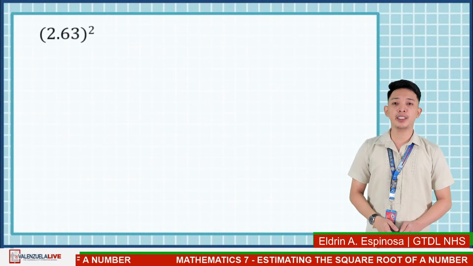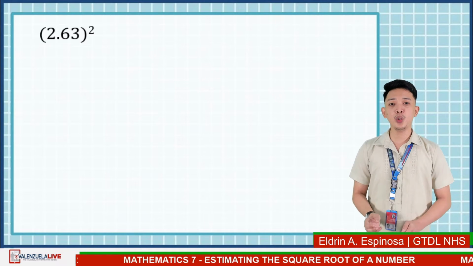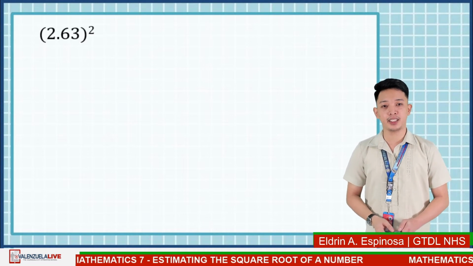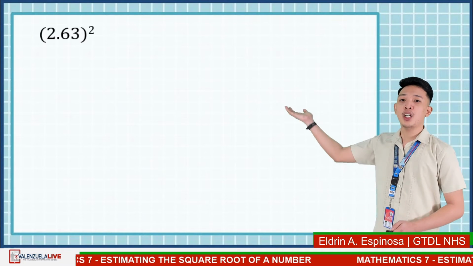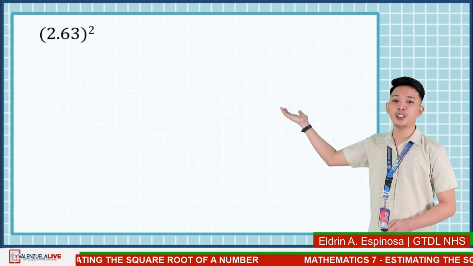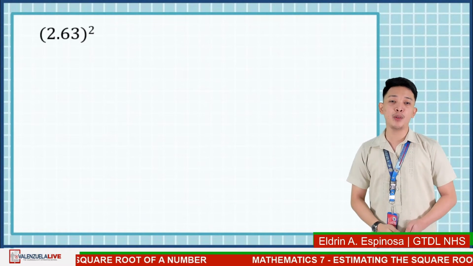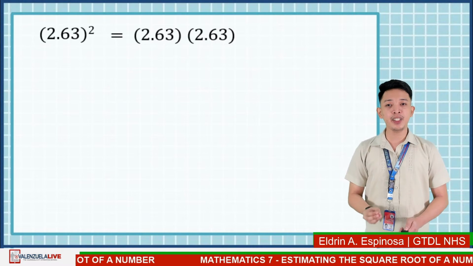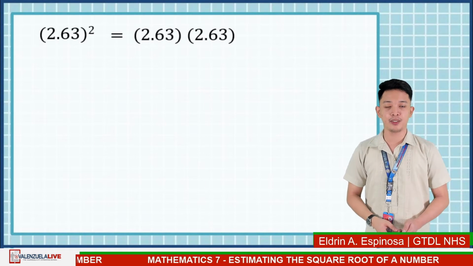But I will choose, say, 2 and 63/100. If I were to square 2 and 63 hundredths, this means that I will multiply 2 and 63 hundredths by itself.